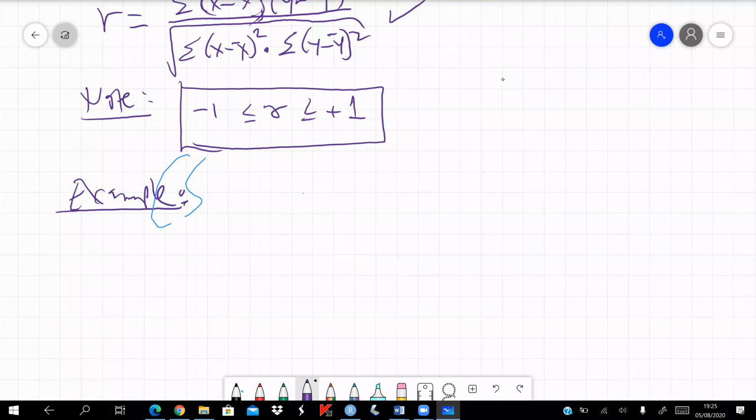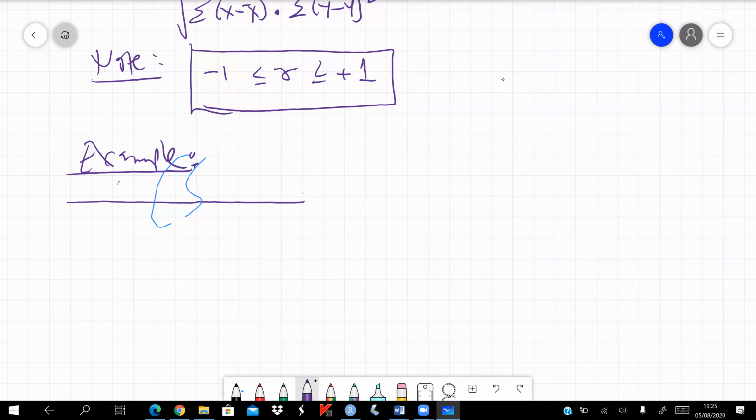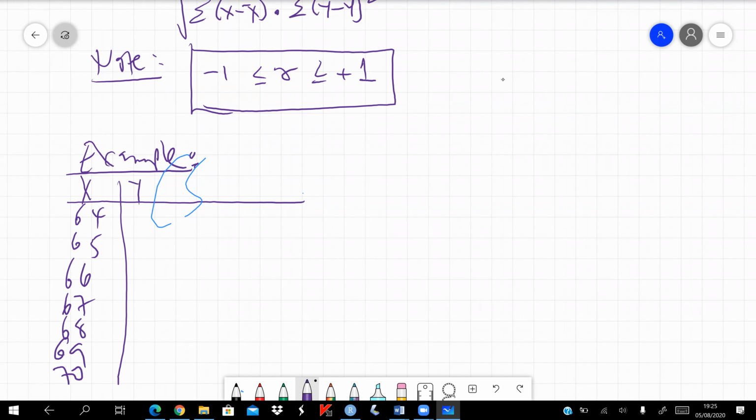So we have x: 64, 66, and so on. Then we have y: 66, 67, 65, 68, 70, 68, and 72.